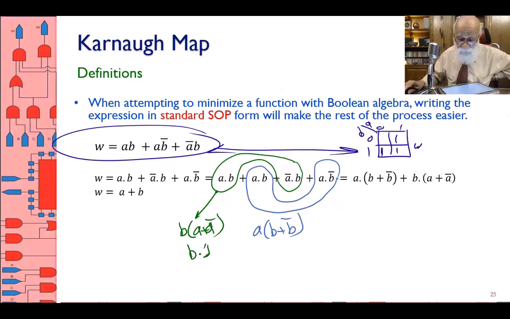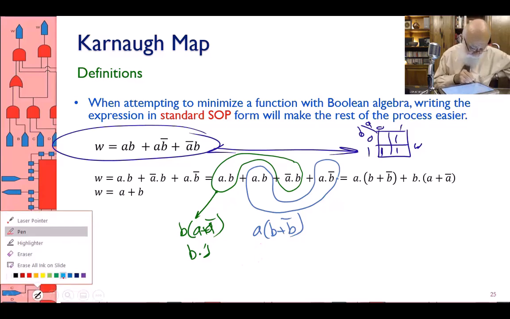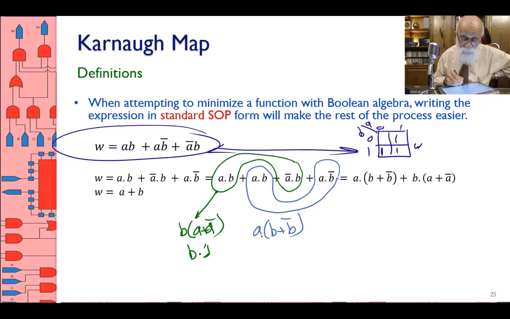Boolean algebra also tells me that B or B bar is also 1, so this becomes A and 1. Then Boolean algebra tells me B and 1 is just B, and A and 1 is just plain A.